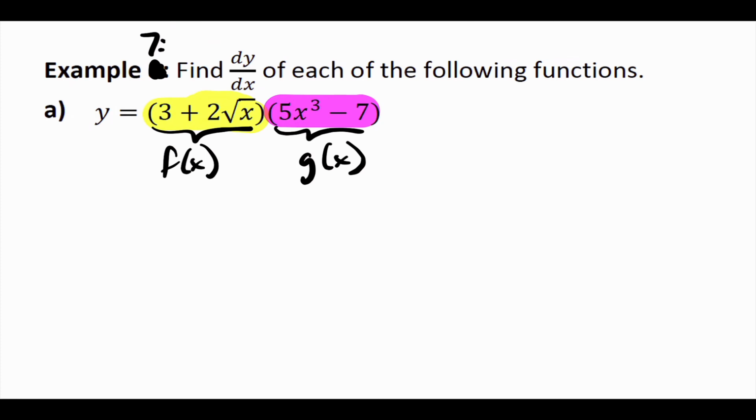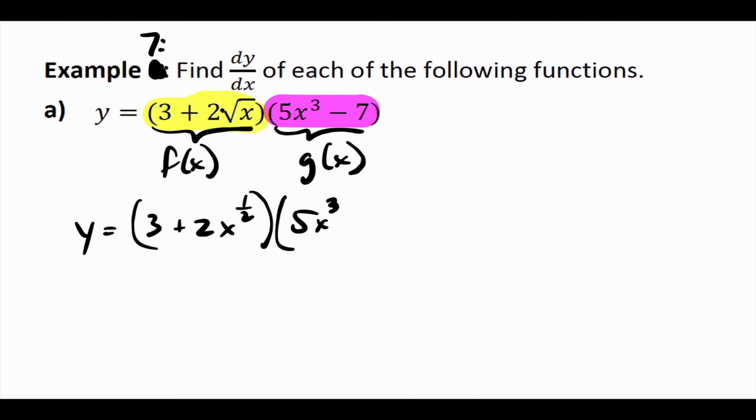Right now it's 2 times the square root of x, but I need a power there. So what power will it have? 1/2. Okay. So let me rewrite this. So it's y equals 3 plus 2x to the 1/2. G of x looks good. We got a power and a constant.